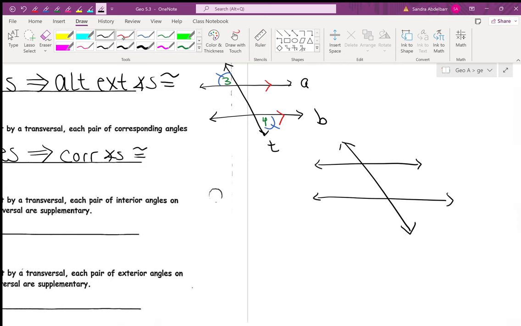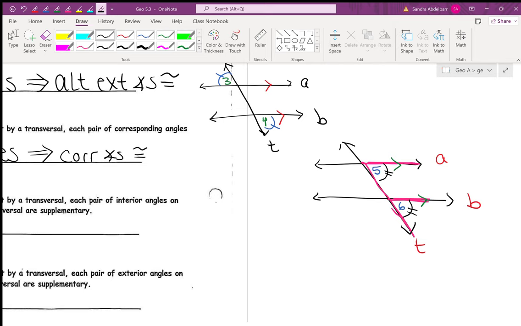So once again, if I have line A and line B and line T, and I tell you that line A is parallel to line B, we can have angle 5 and angle 6 here, which make that F. So if the arms of the F are parallel, then we are allowed to conclude that the angles in the armpit of the F, the corresponding angles, are congruent.